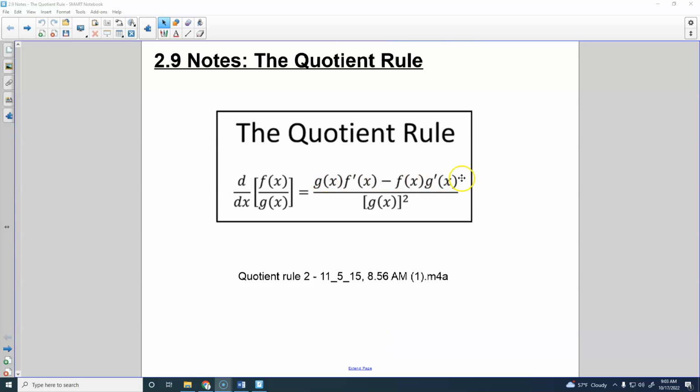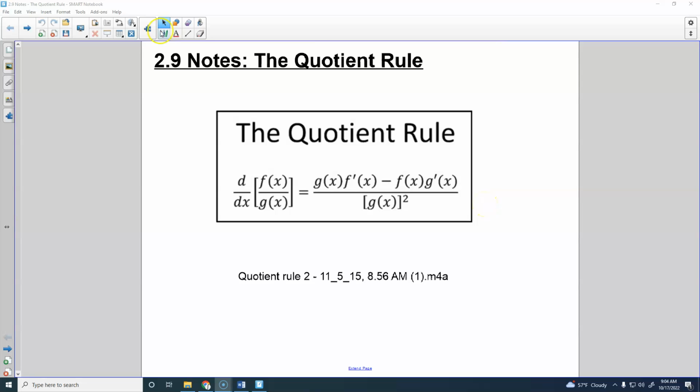But with these you cannot. You have to have g of x, your bottom function, times the derivative of your top function, minus the top function times the derivative of the bottom, all over g of x squared, the bottom squared.